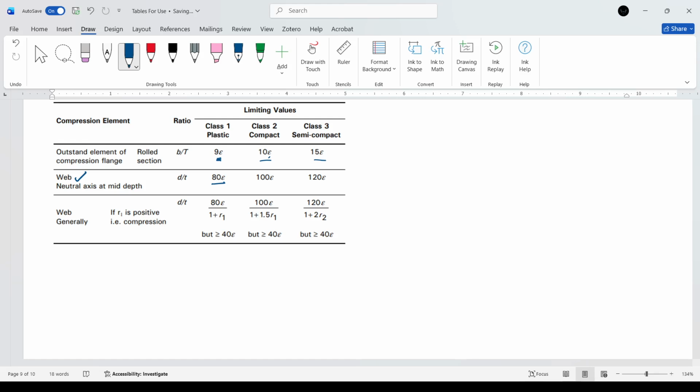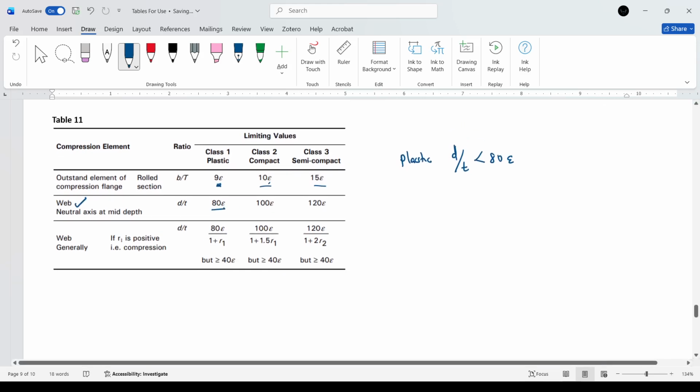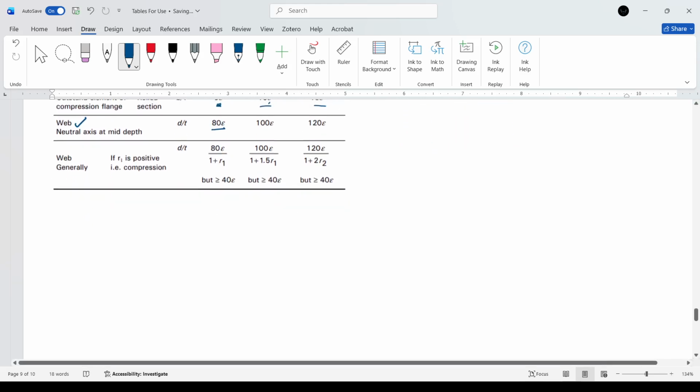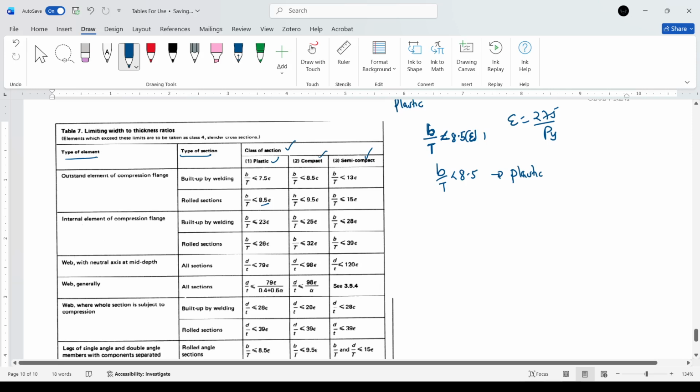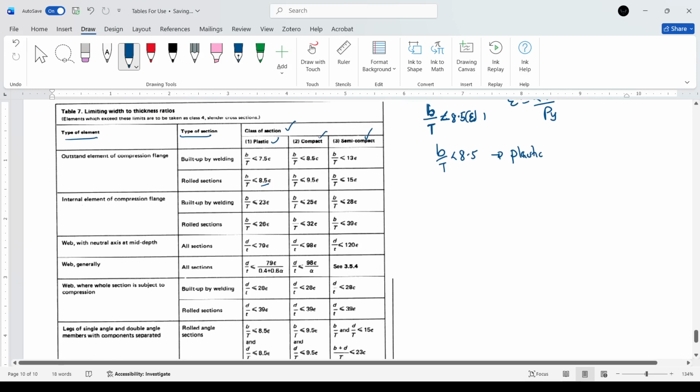So if it is plastic, then D over T should be less than 80E, and our E is 1.